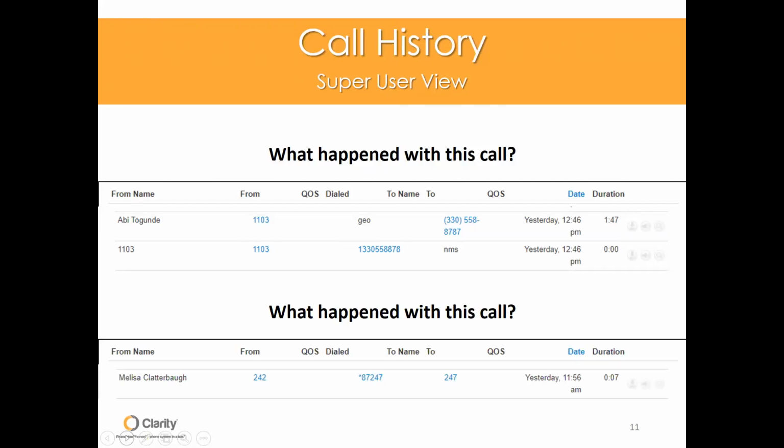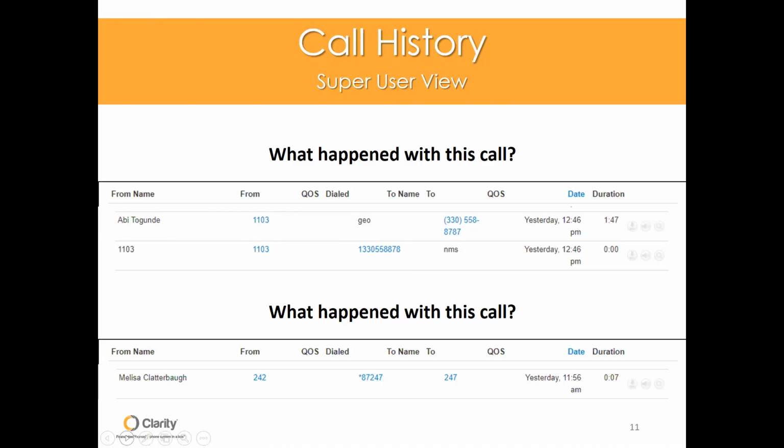All right, what happened with this call? Oh, Melissa was trying to pick up the call. Yes. Mel saw a flashing red extension, the ARL, and this is Mark, 247.